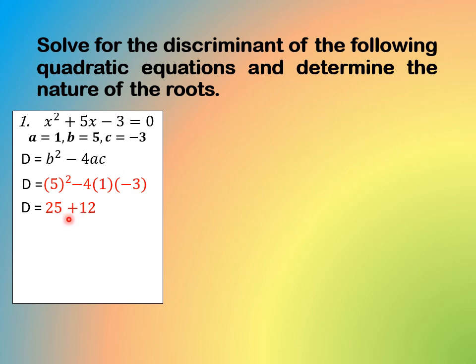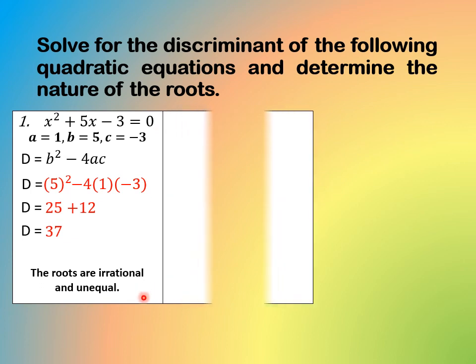So 25 plus 12, the answer is 37. 37 is greater than 0. And is it a perfect square? No. Therefore, the roots of x squared plus 5x minus 3 is equal to 0 are irrational and unequal.